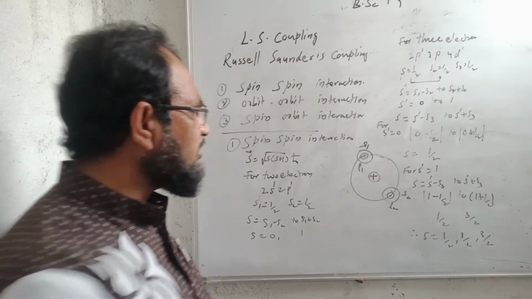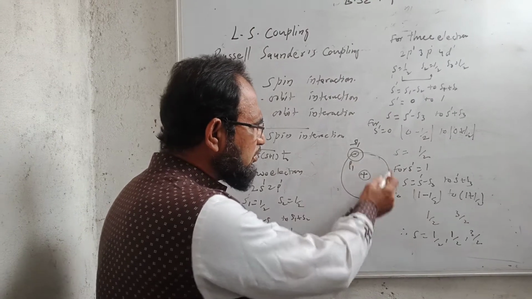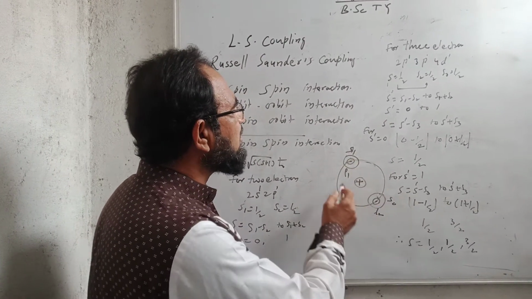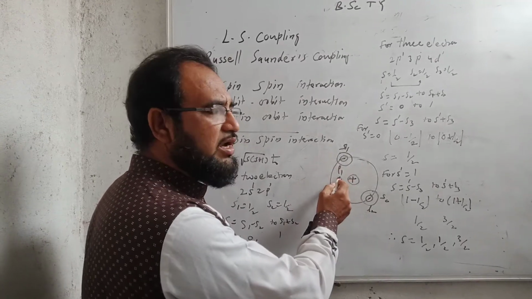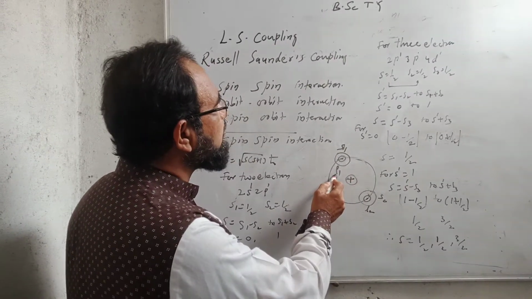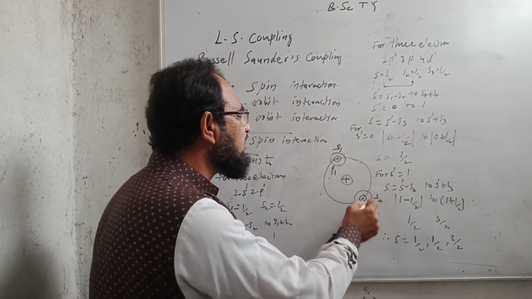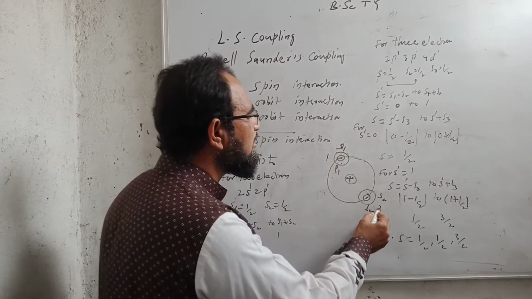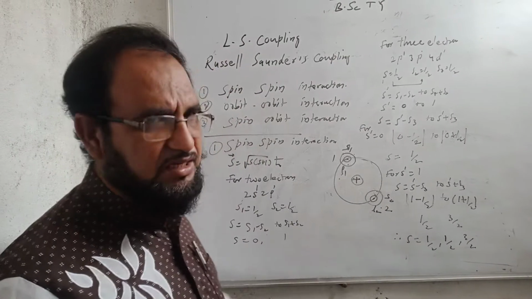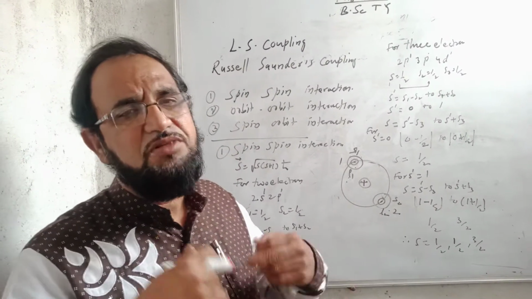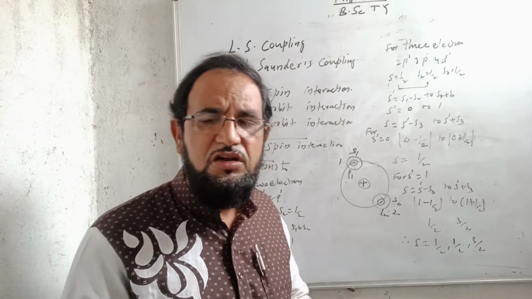So we are having two electrons or more than two electrons. Each electron has spin angular momentum as well as orbital angular momentum. So spin of this electron and spin of the second electron will combine together and form the resultant spin angular momentum.